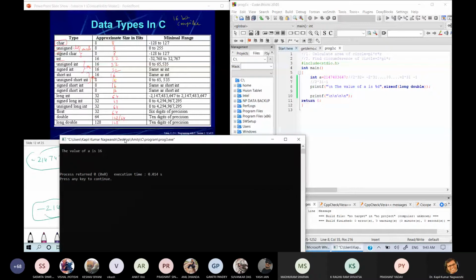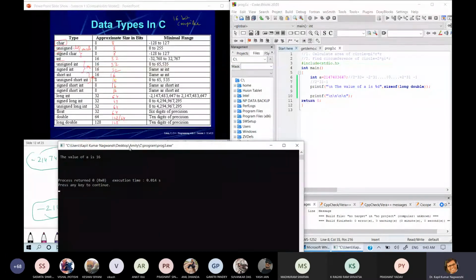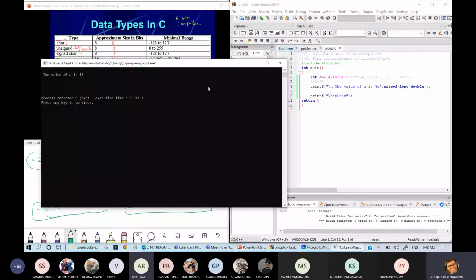So 128 divided by 8 is 16, na? Agree or not? Yes, sir. So this is the size of long double.